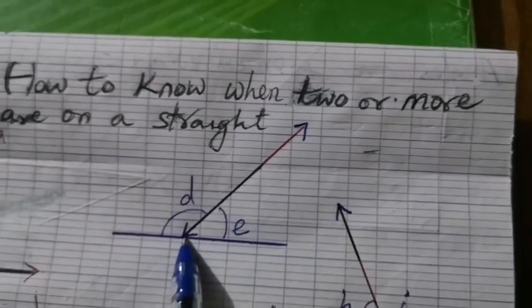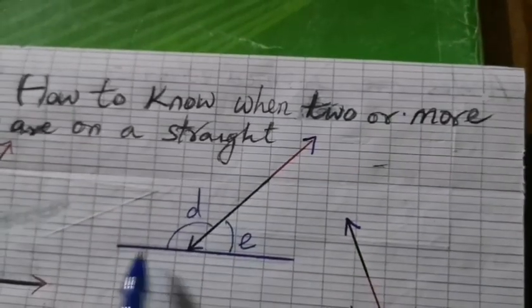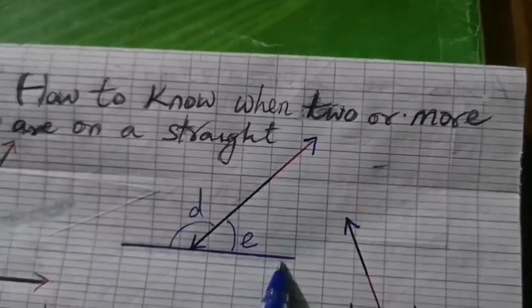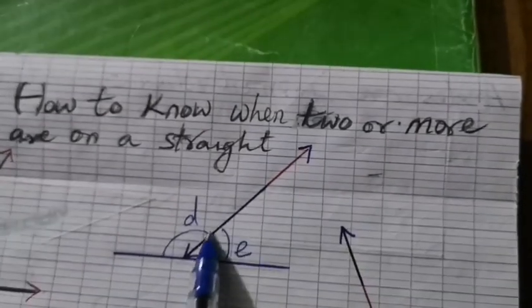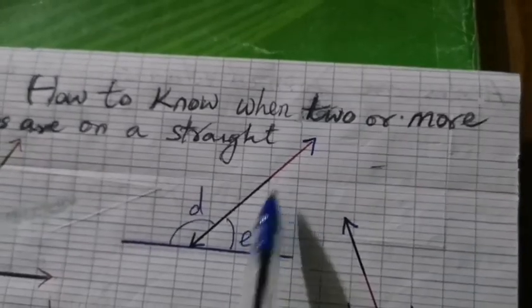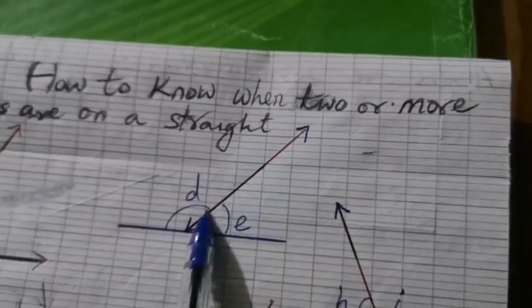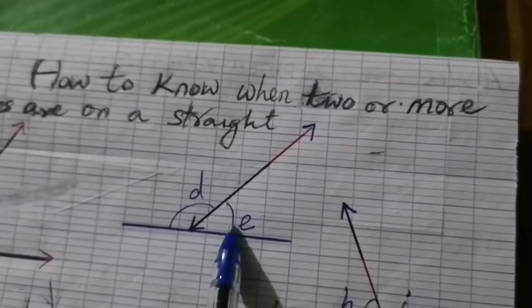Okay, so because of that, we will say that this very line is on a straight line. Look at the straight line here. This very line, this one with arrow, is on a straight line. This straight line, look at the baseline here. So any angle this line forms on this one, we now call it angle on a straight line.